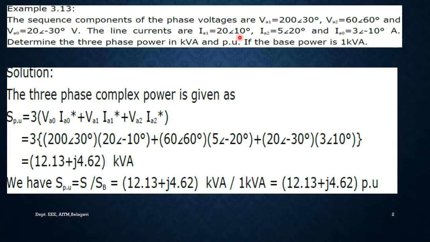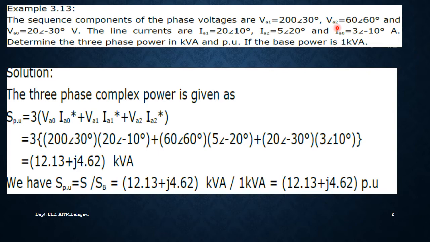which is given as 20 at an angle of 10 degrees, but we want the conjugate. For that reason, whatever the angle is, you need to take the opposite of that. Here the angle is positive, so the opposite is negative, so the conjugate of the current becomes 20 at an angle of minus 10 degrees, plus the negative sequence term.